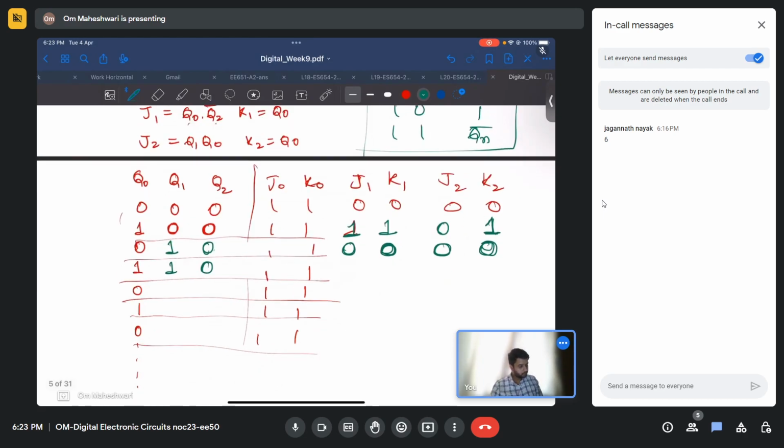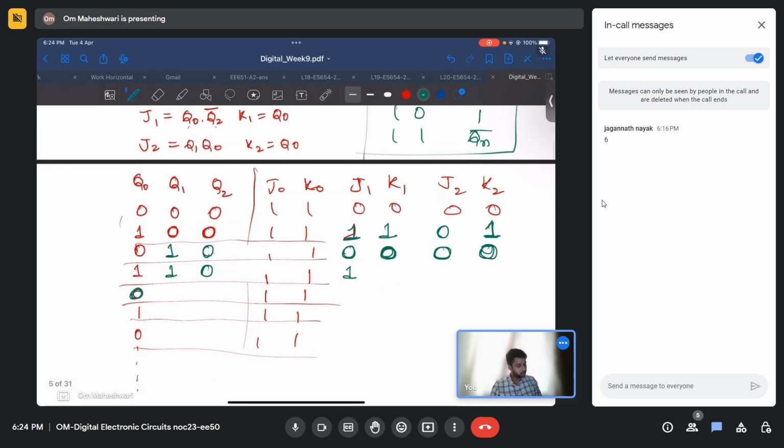Now Q0 has flipped. Again, J1 is Q0 Q2 bar, it is 1. K1 is 1. J2 is Q1 Q0, that is 1. So it will flip to 0 1.